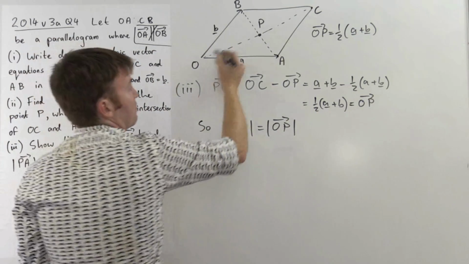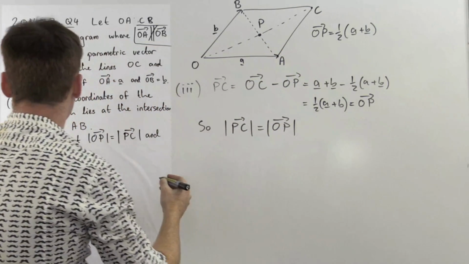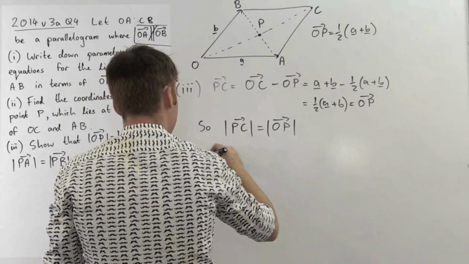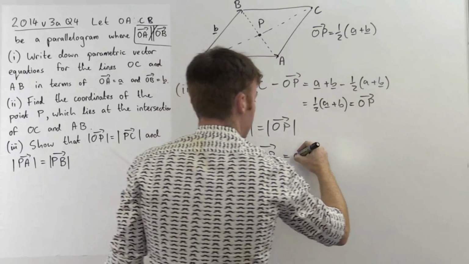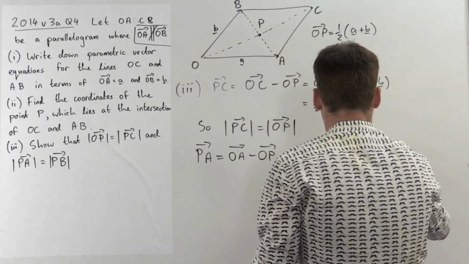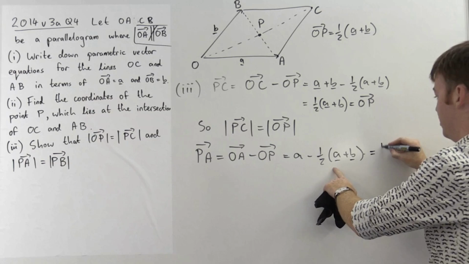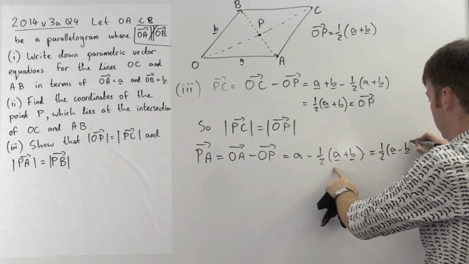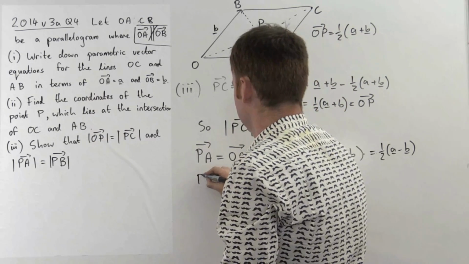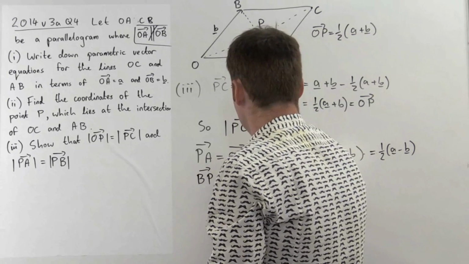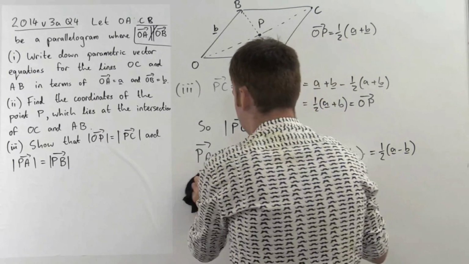And we perform the same calculation, but this time with the other diagonal. We just have to calculate what PA is and PB. PA is OA minus OP, which is A minus half (A plus B), which is, now it's going to be half A minus half B. Well, the question actually asked PB, so let's do that.